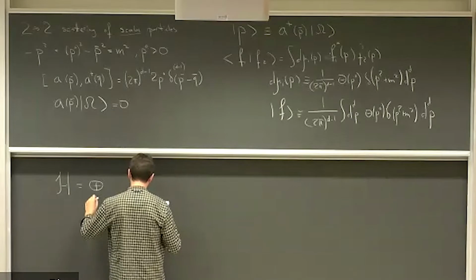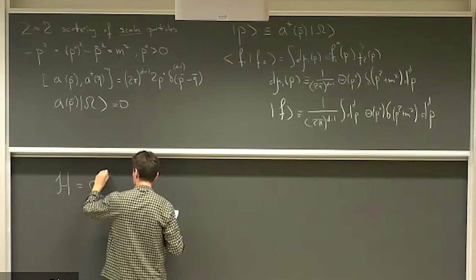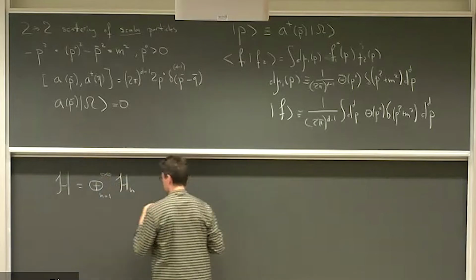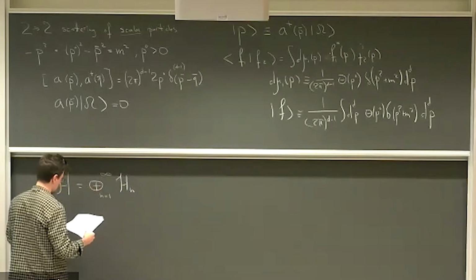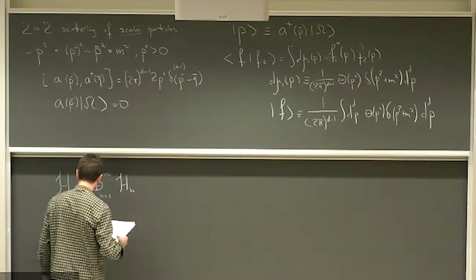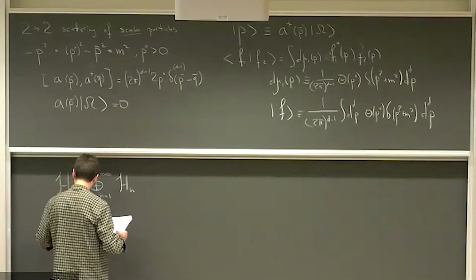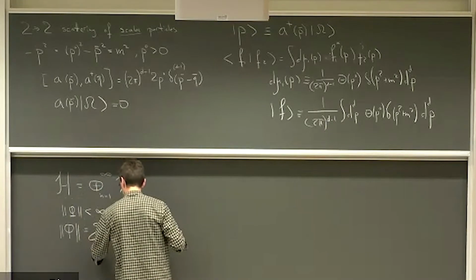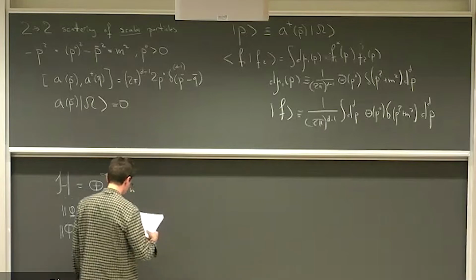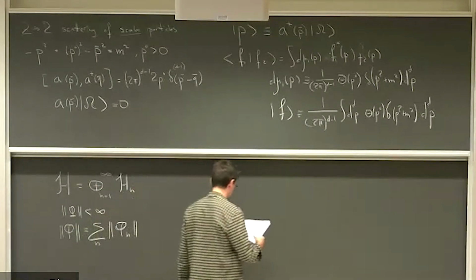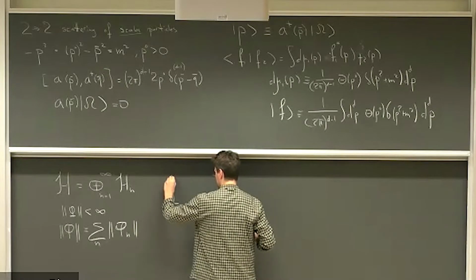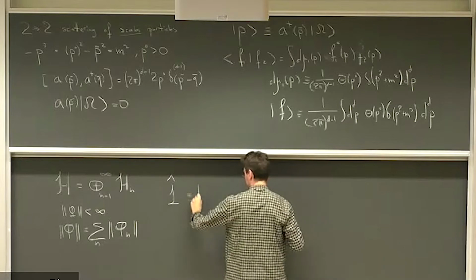Of course, if we consider some superposition, we want the norm to be less than infinity, where the norm is a sum over norms in n-particle sectors. And so this effectively tells us that we can write a formula which we use often, which is a resolution of the identity. It already appeared yesterday.